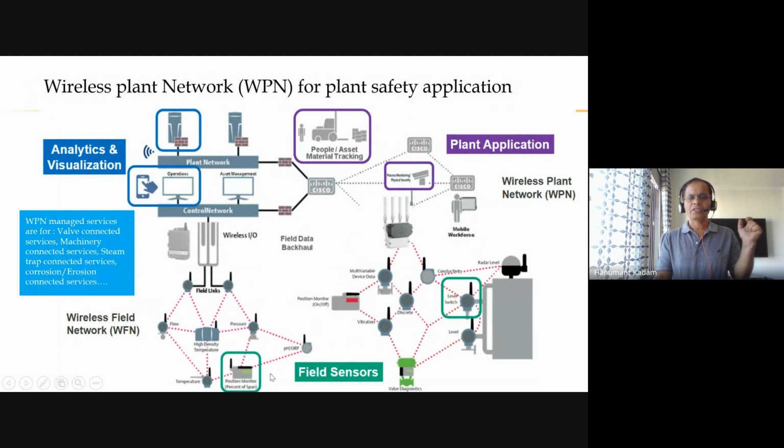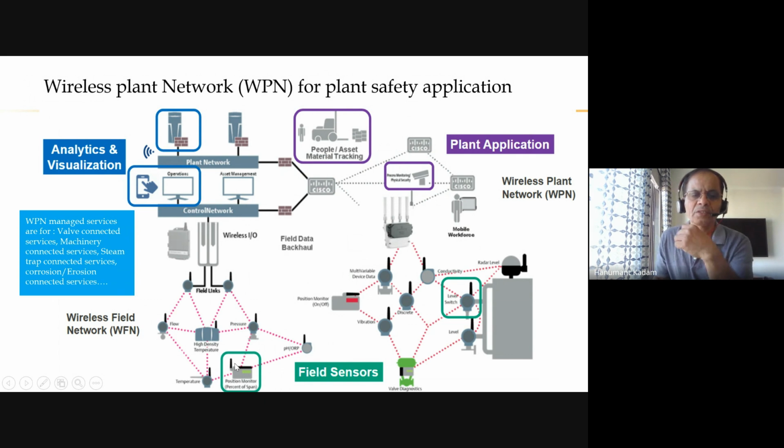So see the network here. Field sensors, router or gateway, and through this you can see your mobile worker, wireless plant network.